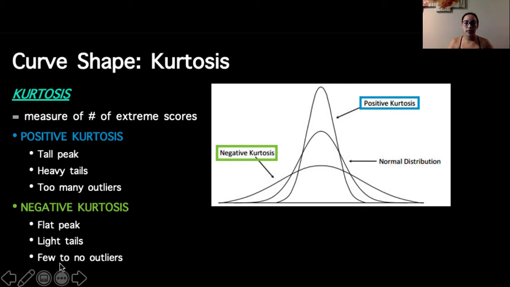And this is indicative that you have few to no outliers, right? So if every value is occurring relatively at the same frequency, none of those values are really extreme anymore within the range of data that you have. So again, kurtosis looks at the number of extreme scores. Positive kurtosis, you have a lot of extreme scores. Negative kurtosis, you have very few extreme scores.